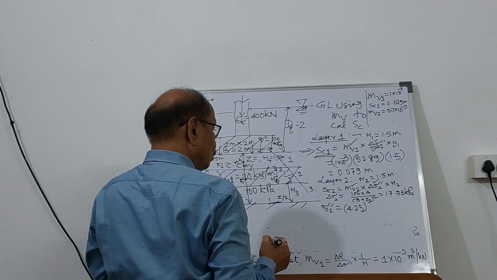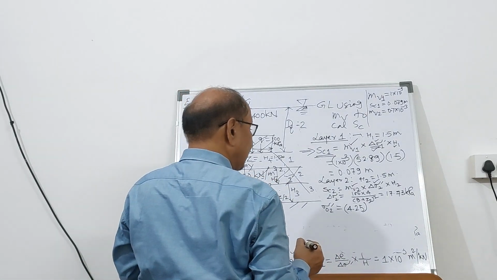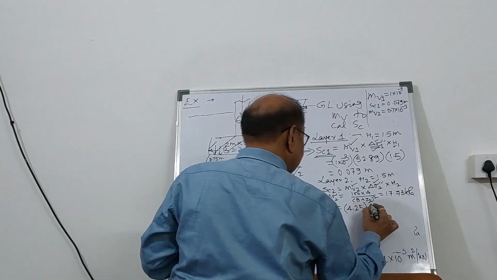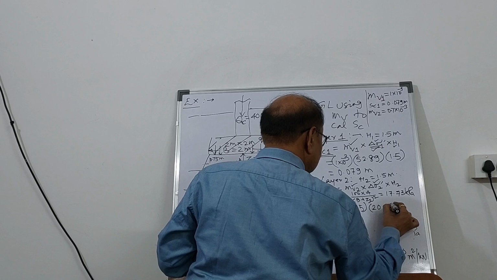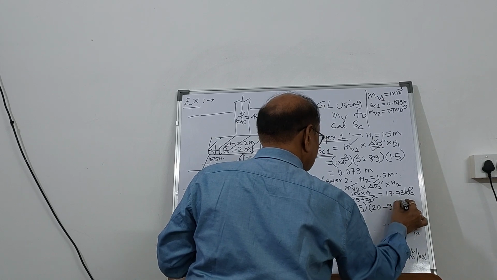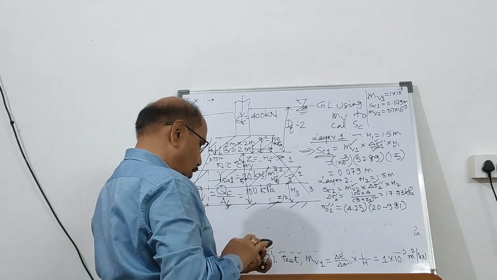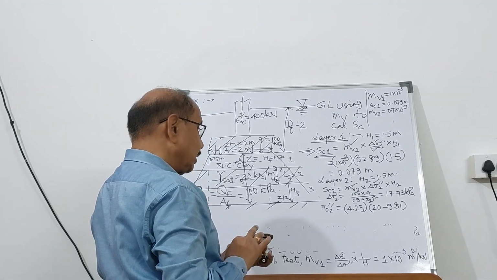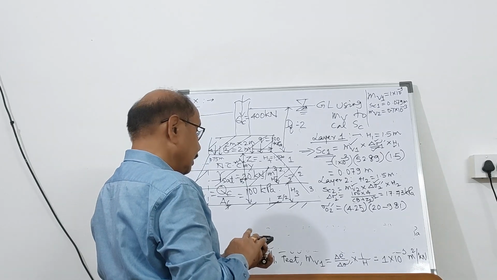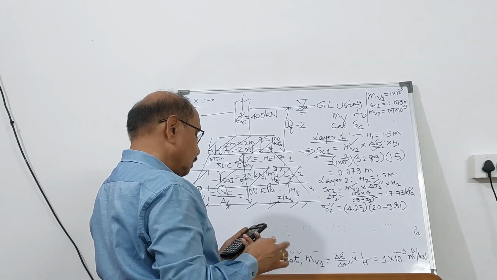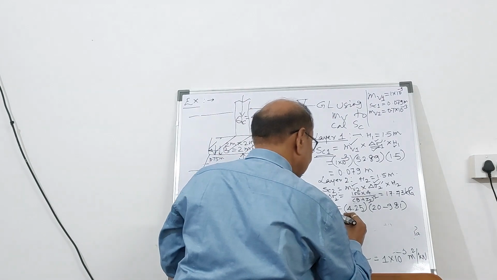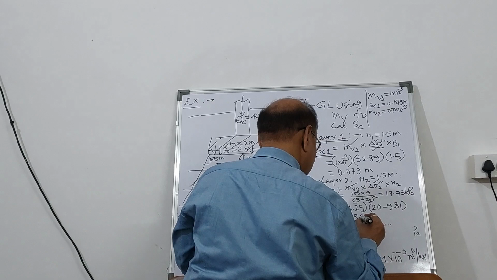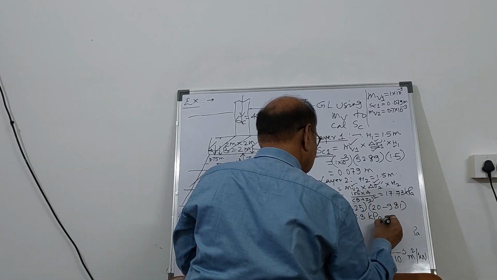That becomes 4.25 meter into the unit weight, 20 minus 9.81 since it is submerged, and therefore 10.19 multiplied by 4.25 gives you 43.3 kilopascal.